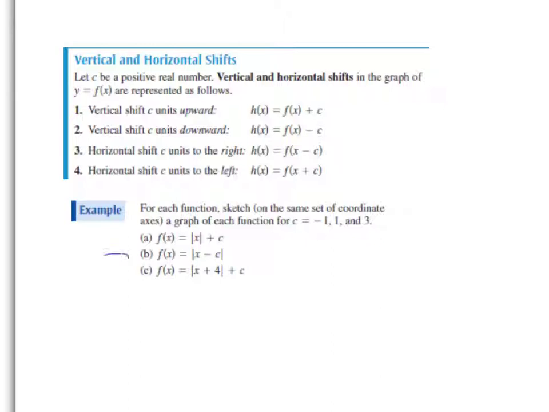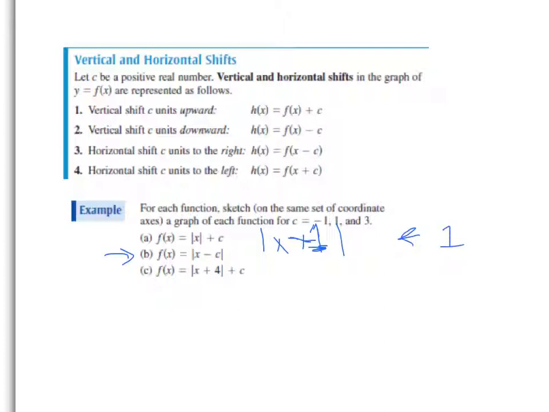Now for B, what we have is a horizontal transformation, because notice the change is happening inside the equation versus outside. So what we're going to have to end up doing is, for the first one, if I have absolute value of x minus a negative 1, those two negatives make a plus, so that's actually going to make it go to the left 1 unit.